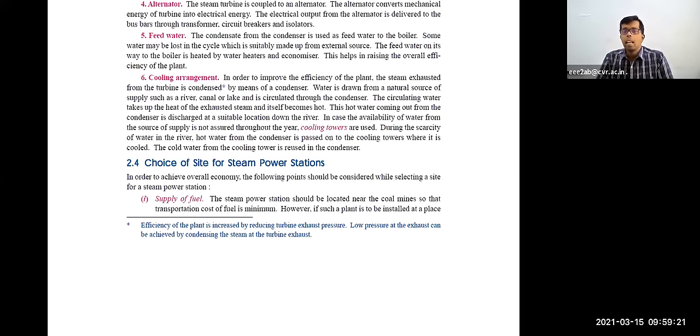Purchasing the coal and its transportation take 50 to 60% of the whole cost. Imagine if it is located near coal mines, what the transportation cost would be.